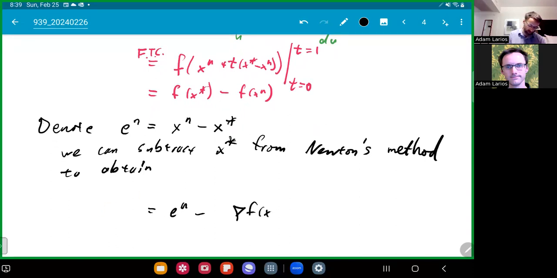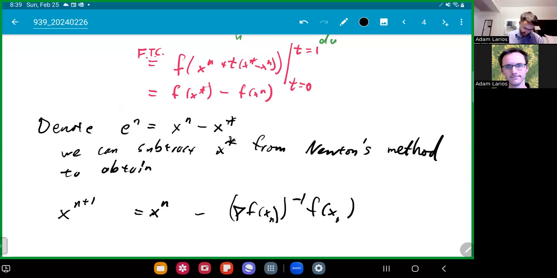So maybe I'll write it down this way. We had xn plus 1 is equal to xn minus gradient of f xn inverse times f at xn.